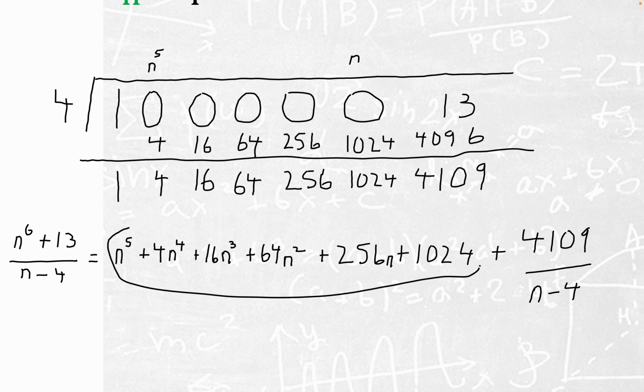This part that I'm circling here would be the quotient. You can see where I got these numbers, right? 4, 4, 16, 16, 64, all the way across. This is definitely going to evaluate to an integer, so all we really have to worry about is this very last term, the remainder over the divisor. So we can kind of forget the rest.